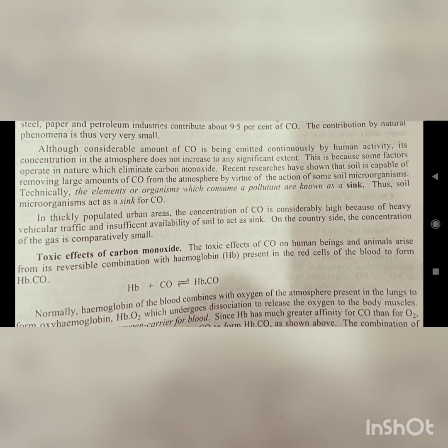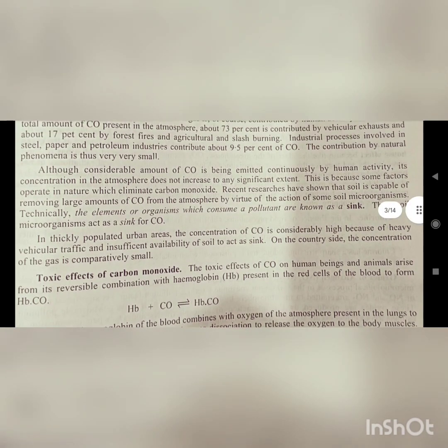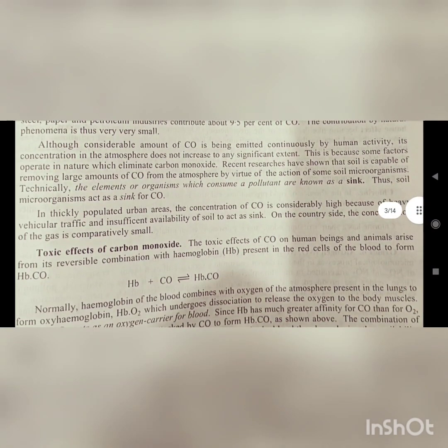Recent researchers have shown that soil is capable of removing large amounts of CO from the atmosphere by virtue of the action of some soil microorganisms. Technically, the elements or organisms which consume a pollutant are known as a sink.